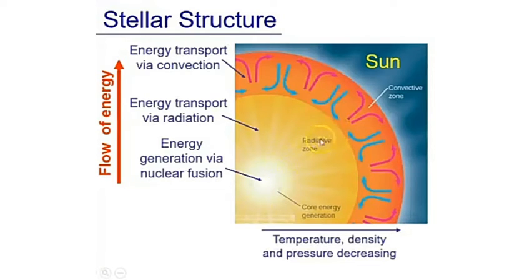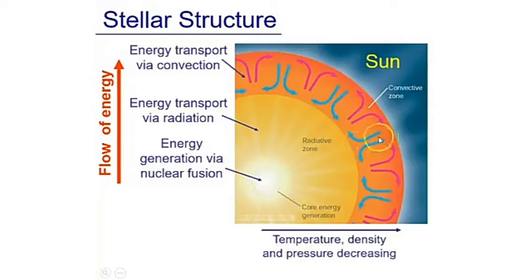When it gets to the outside part of the sun, the photosphere, this is where convection takes place, where hot gases rise and cool gases sink. You have your nuclear fusion on the inside and your convection zone outside. Most stars follow this path with their energy transport.